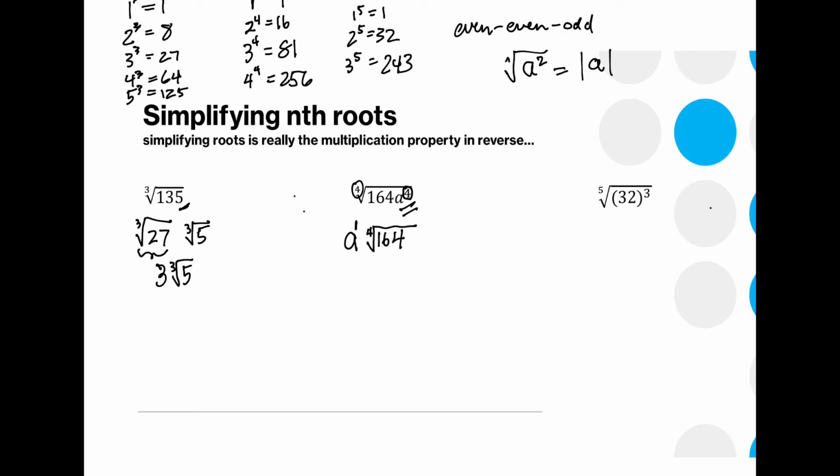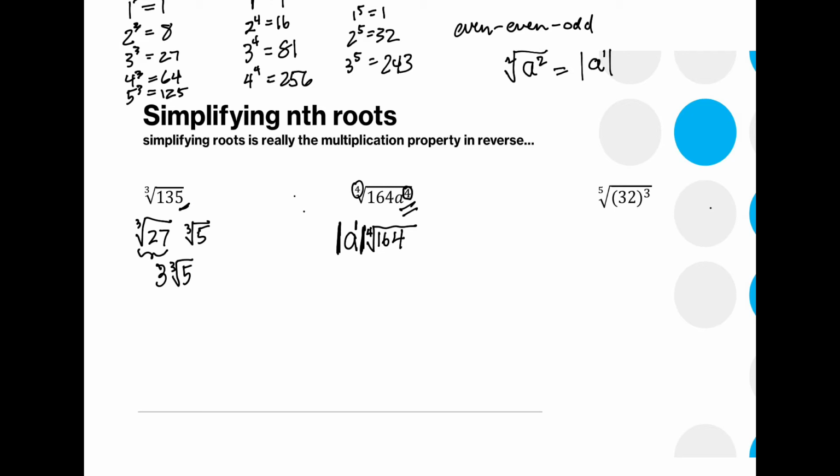This is an even index, even power, odd outcome. And so in this case, we would want to put that around there unless they tell us to assume all variables are greater than or equal to 0 and represent positive numbers.